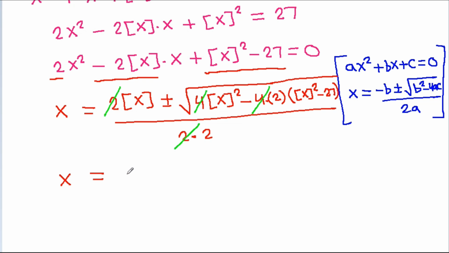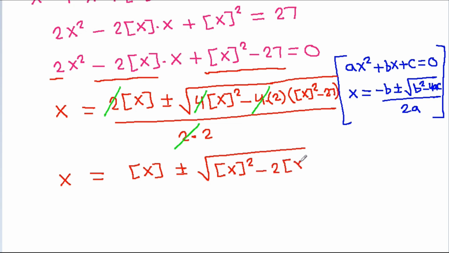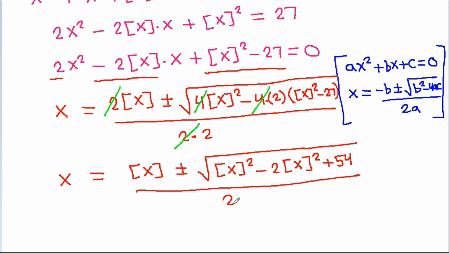So x is equal to [x] plus or minus square root of [x]² minus 2[x]², and minus 2 times minus 27 will be plus 54, by 2.